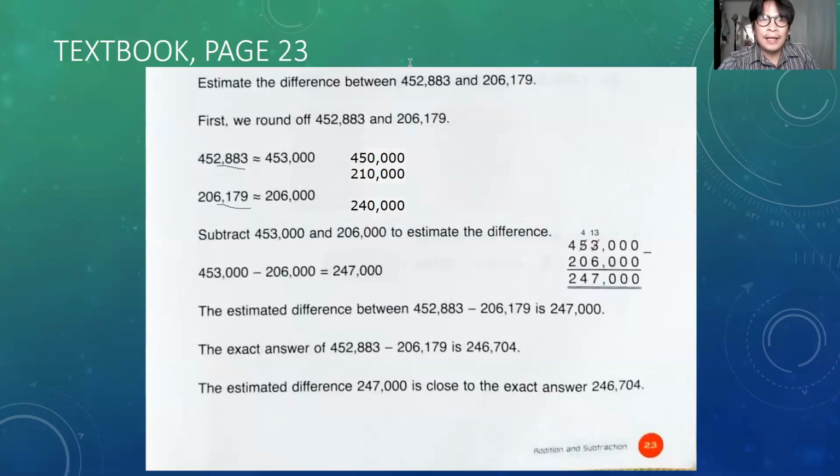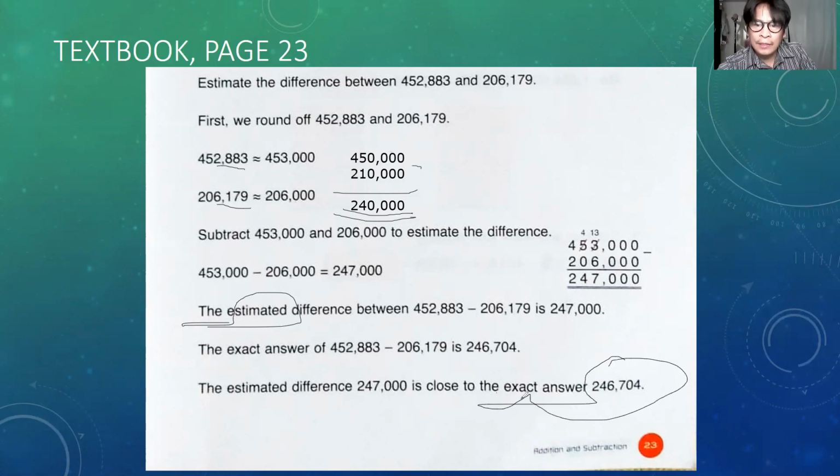So you notice that again, this estimated difference is close to the exact answer, 246,704. So the estimate answer is close to the exact answer. That's how to estimate.